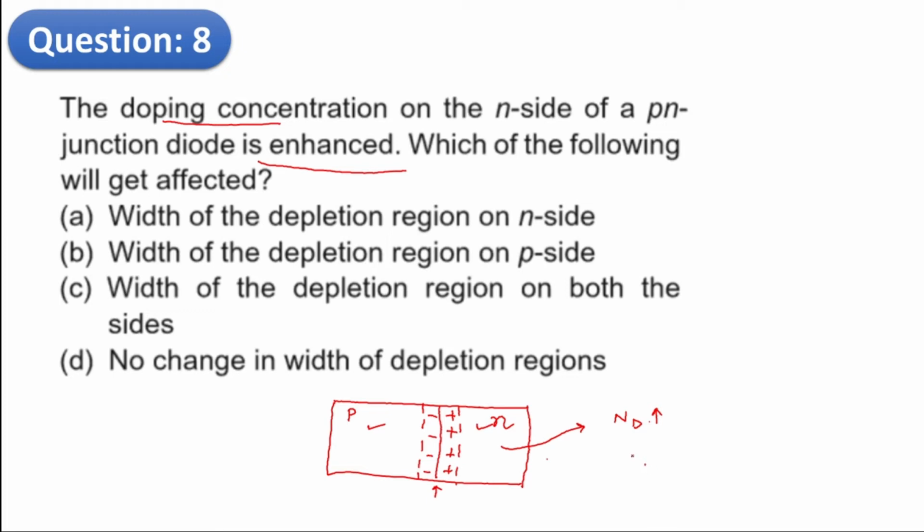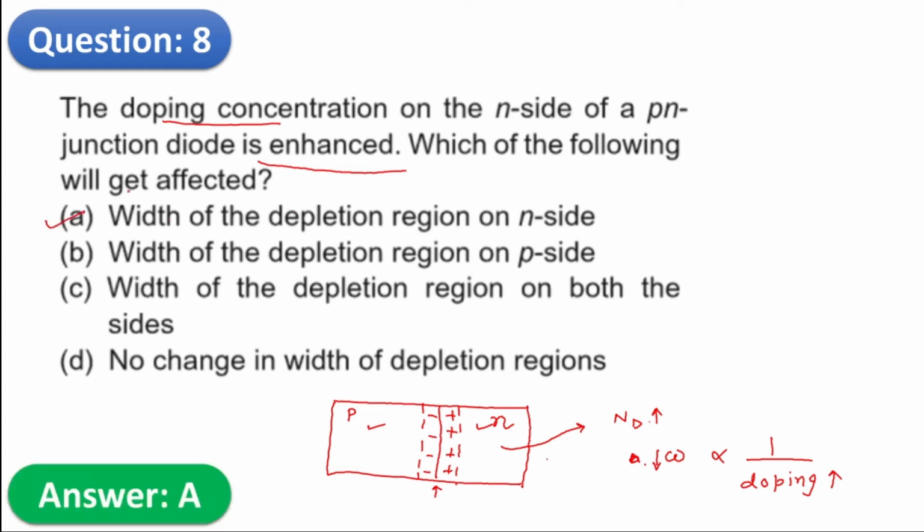Why? Because the width of the depletion region is inversely proportional to the doping. If doping increases, the width of the depletion region decreases. That's why E will be the right answer.